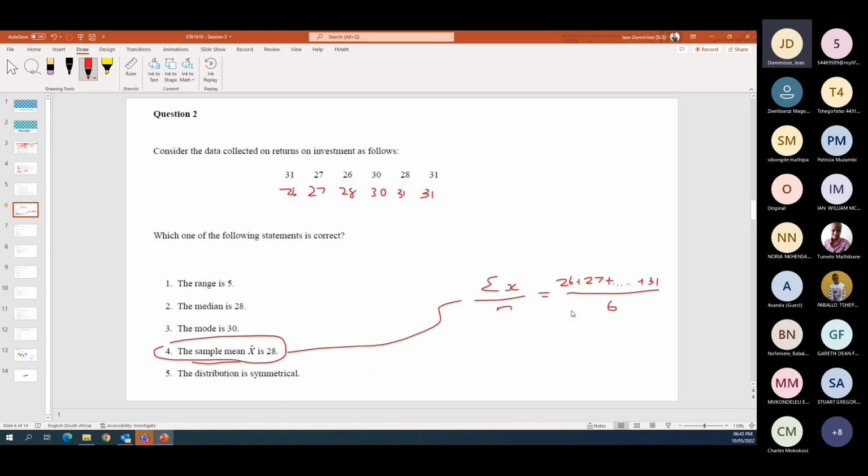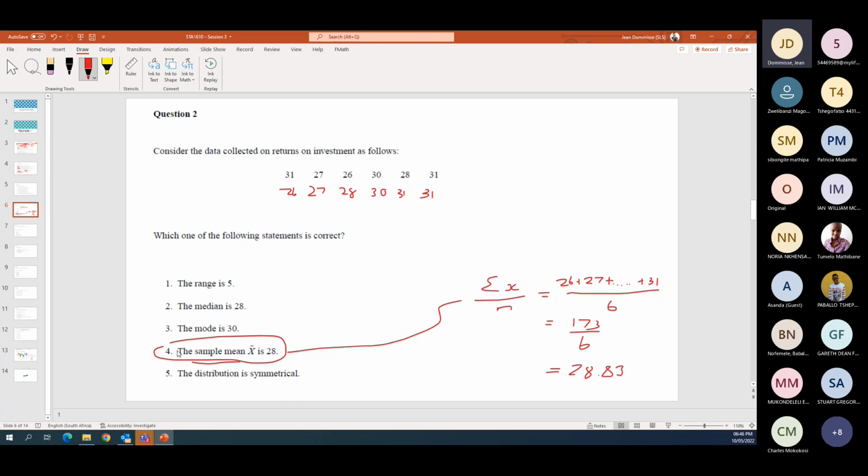Okay, so let me just work that out on a calculator. 26 plus 27 plus 28 plus 30 plus 31 plus 31. So that answer is then 173 divided by 6, which is 28.83.